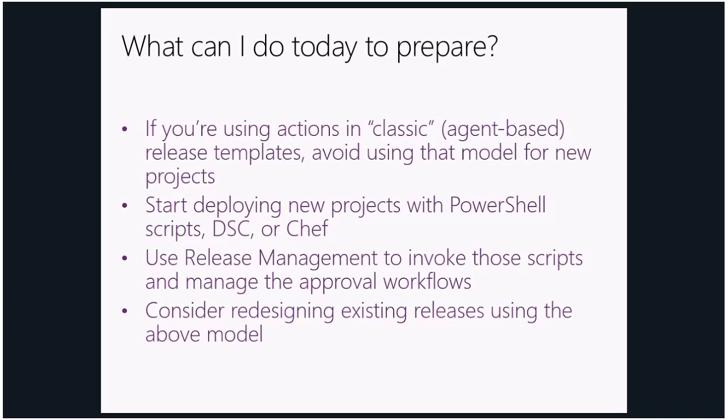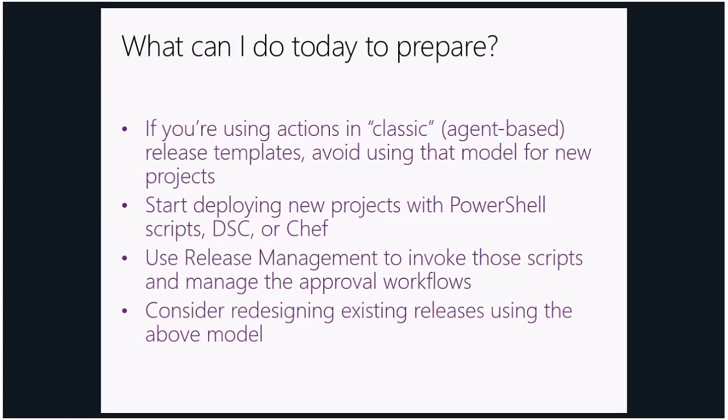Meanwhile, you can take those PowerShell scripts, desired state configuration scripts, or Chef cookbooks and use Release Management to invoke them. vNext release templates support that right out of the box, so that's something you can do right away today.